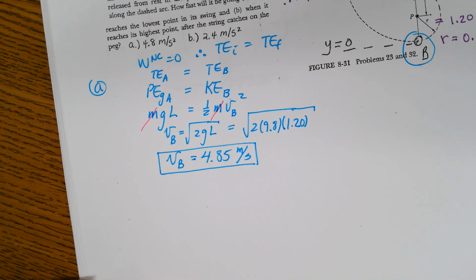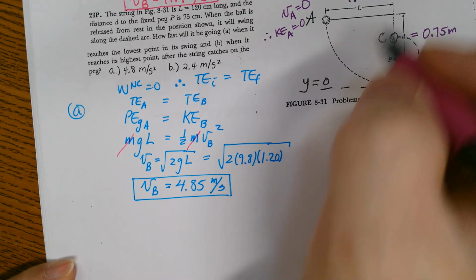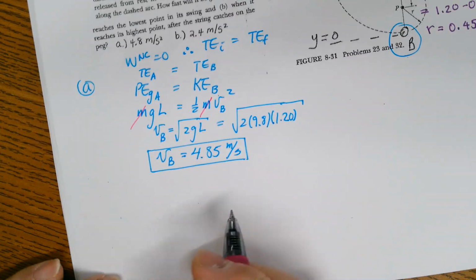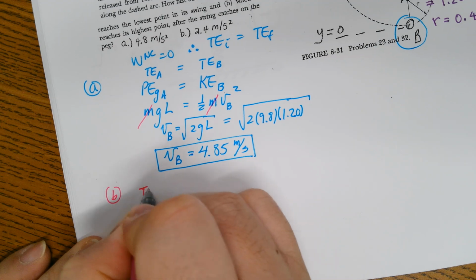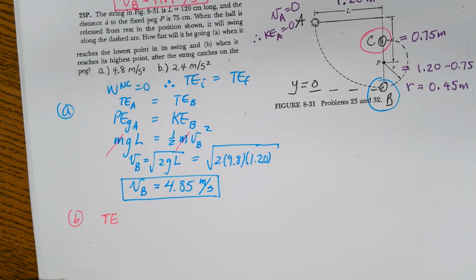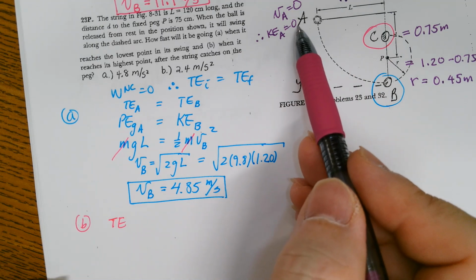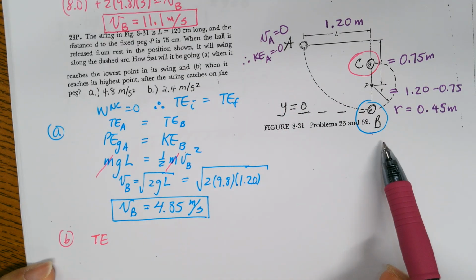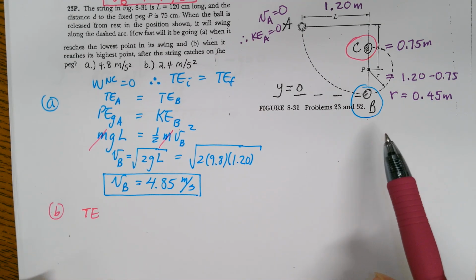Now, what about part B? When it reaches the highest point after the string catches on the peg, they want to know what's going on at C, right here. So for part B, total energy. Now you could consider total energy initial to be either at A or at B. It doesn't matter because total energy is going to be the same no matter where it is.